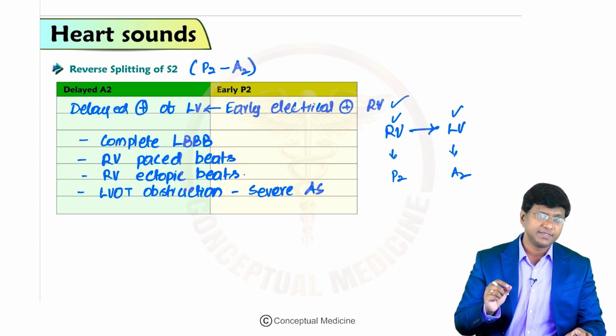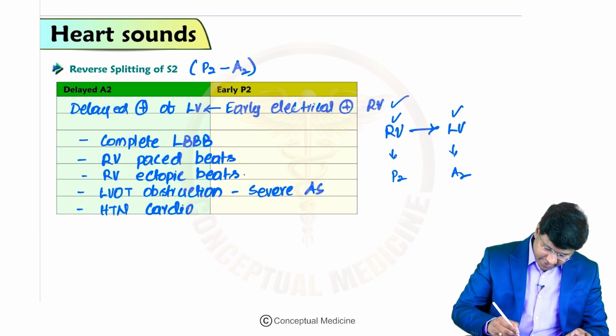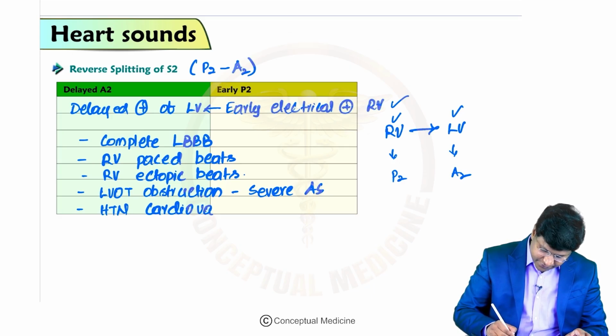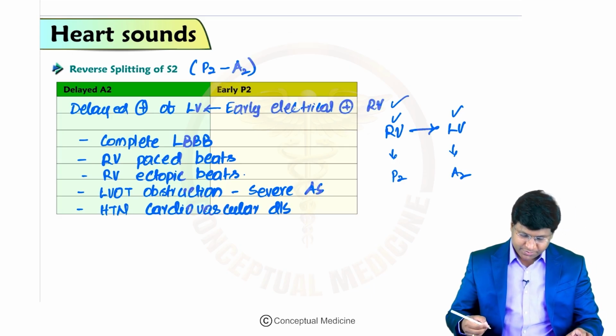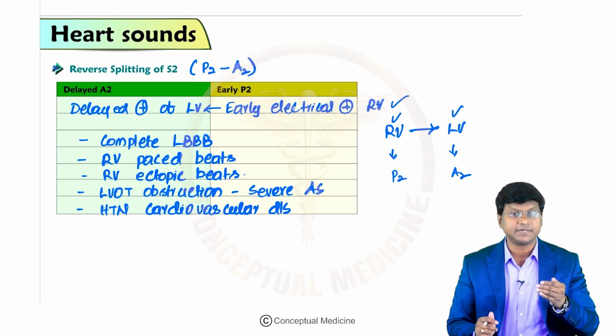Next, in patients with hypertensive cardiovascular disease, whenever there is severe hypertension, that will increase the afterload on the left ventricle.